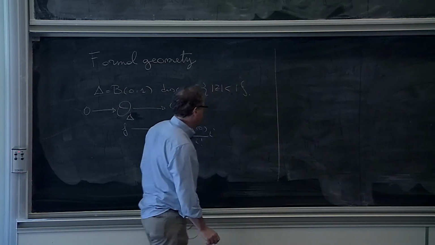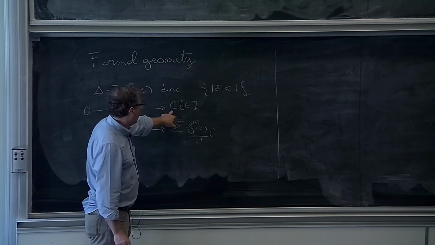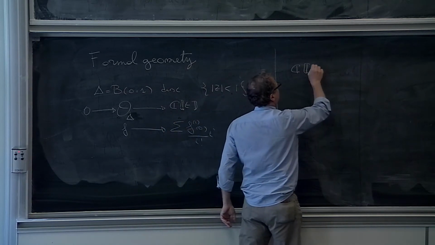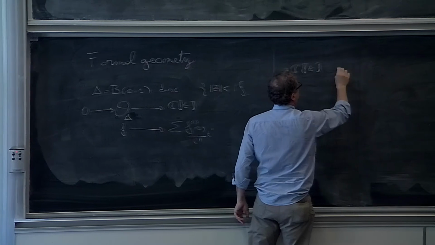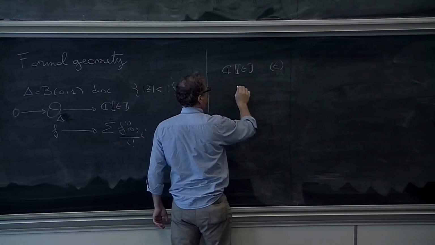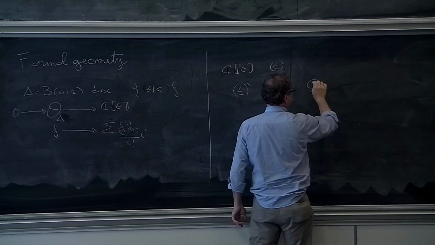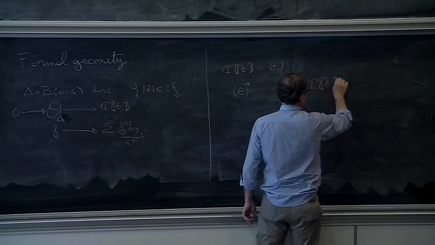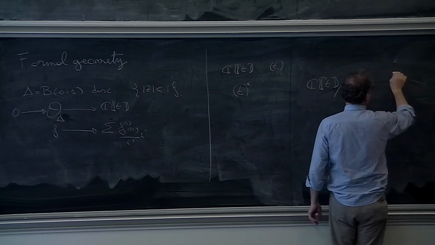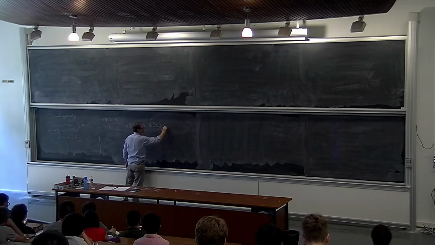So in order to do this, I would like to remark that C double brackets T has an ideal, which is (T), and this ideal to the power n has the nice property that C double brackets T over T to the power n is isomorphic to C[T] over T to the power n.